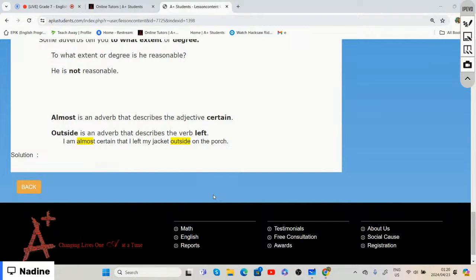And we can even say outside is an adverb that describes the verb left.